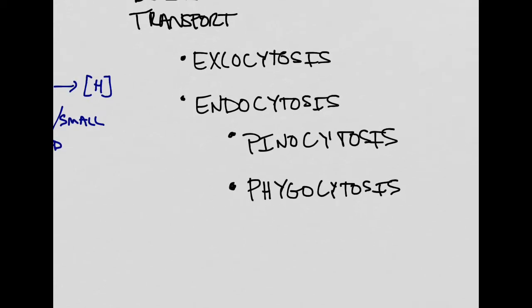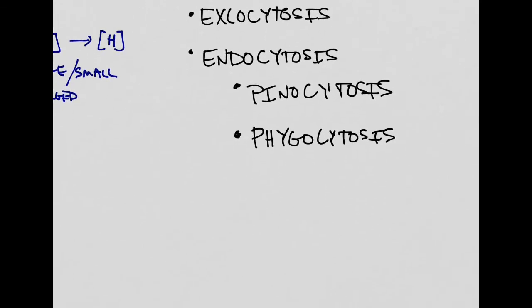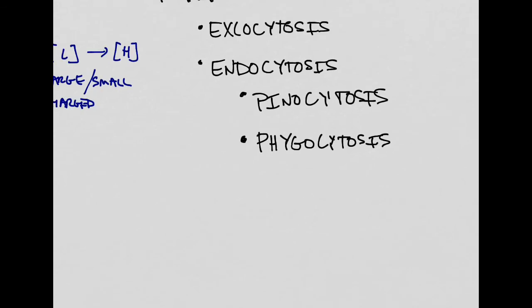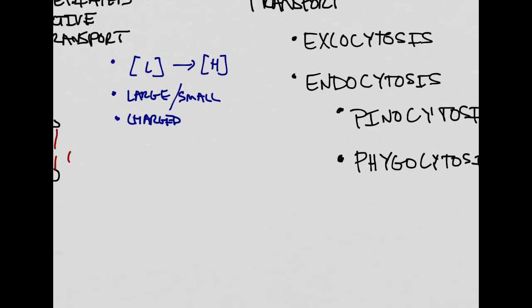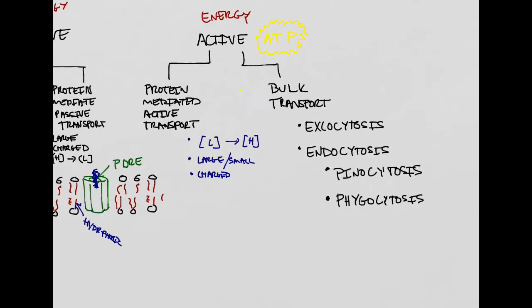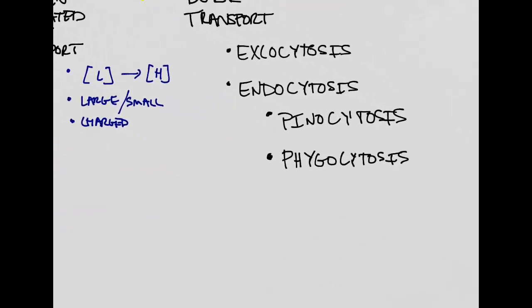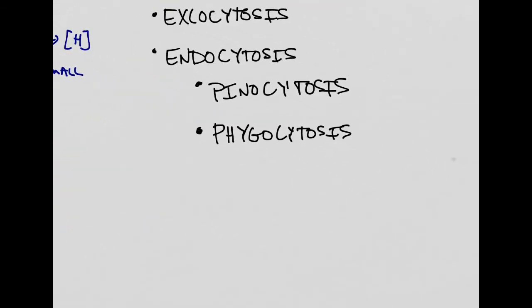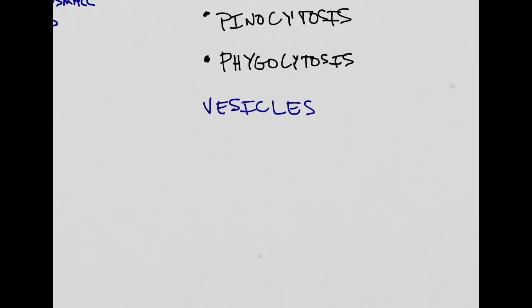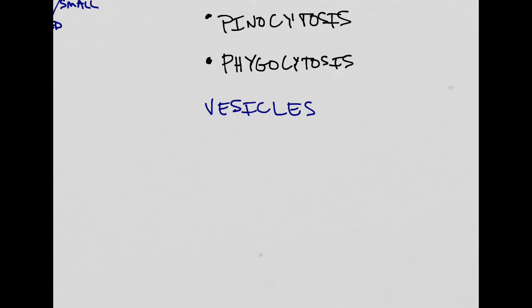Both these things require energy, not necessarily because they're moving from low to high concentration like protein-mediated active transport, but because they require vesicles. Both the creation and the fusion of vesicles with the cell membrane require molecular motors as well as a whole array of proteins.